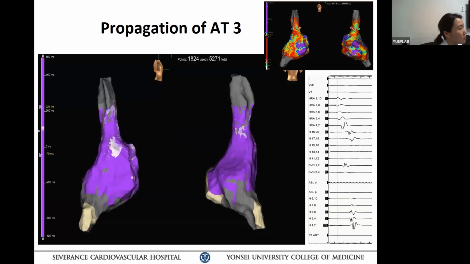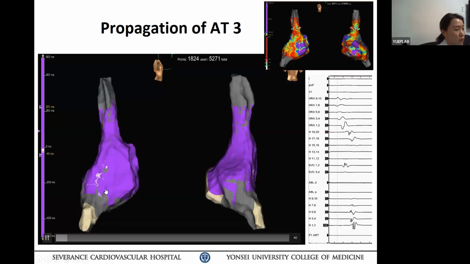But generally, macroreentry shows a figure eight, two circles. Single leading circle reentry is a very old concept, and if you carefully observe the reentry circuit, mostly they have a figure eight. The other circle goes around the SVC. So that's the usual pattern of upper loop reentry.